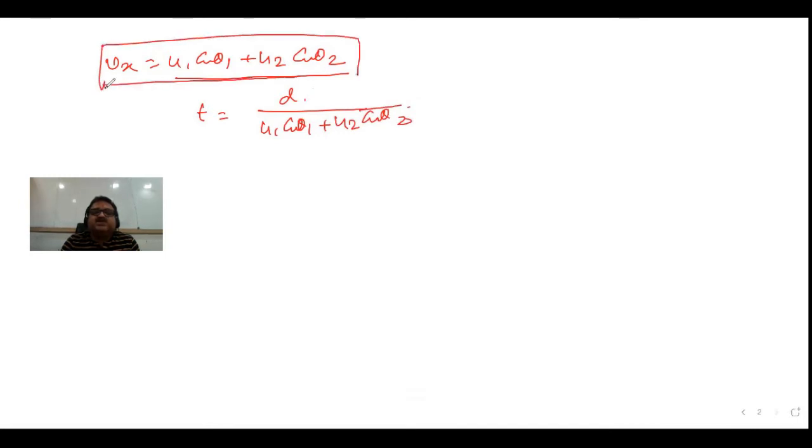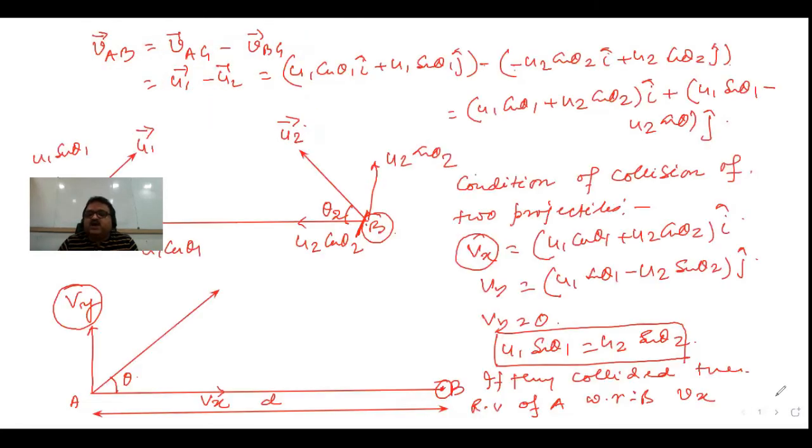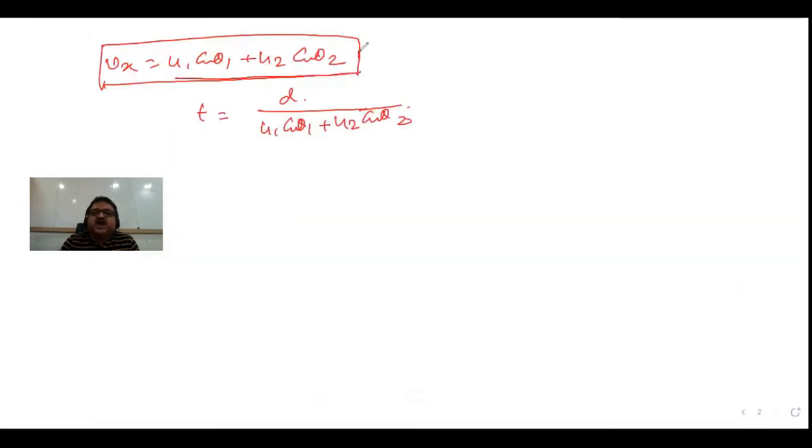Key, what is the condition of collision? That means when the y component is 0, that means u1 sin theta 1 equal to u2 sin theta 2. And number 2, if they collided, what is the condition of relative velocity? So the relative velocity in that case is this, and at which time will they collide? So they will collide at this time, D divided by this.